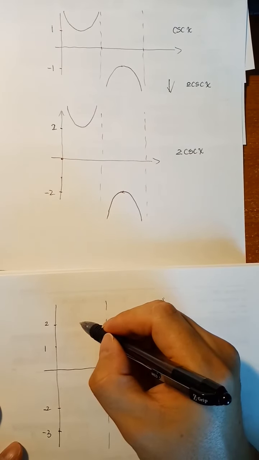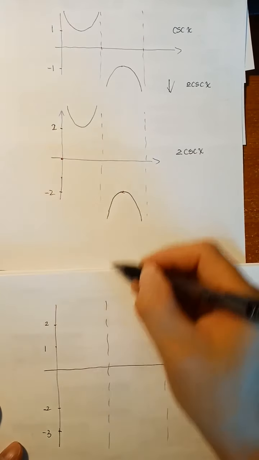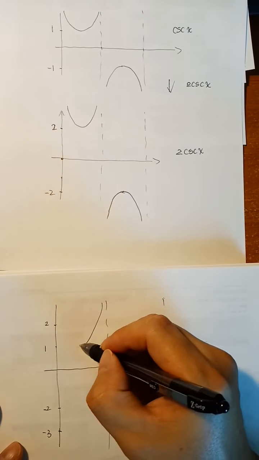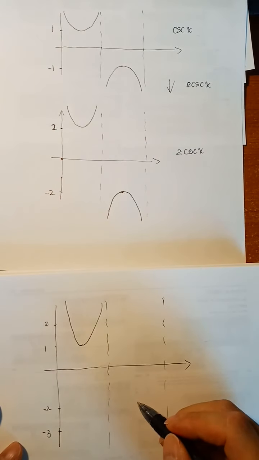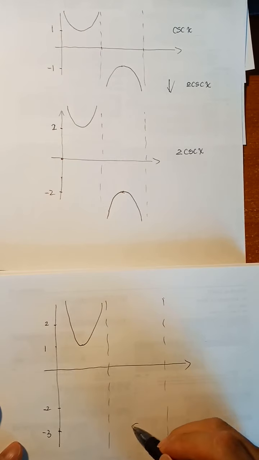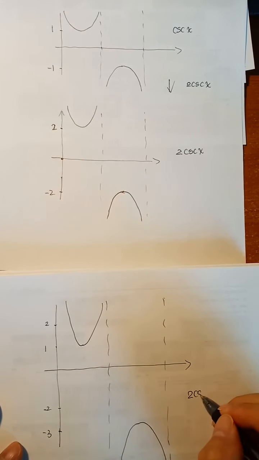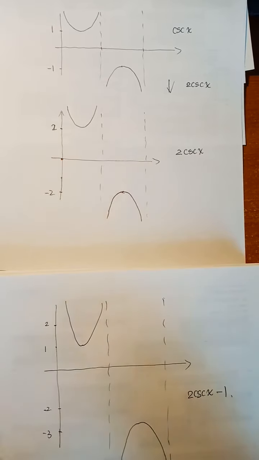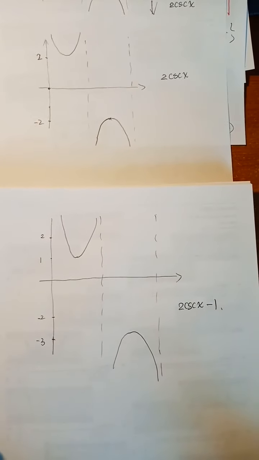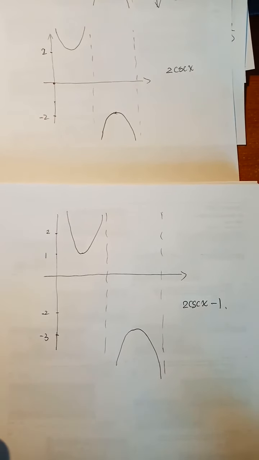Originally the graph is from 2 to infinity. Now it becomes from 1 to infinity. Here it was from negative 2. Now it becomes from negative 3. So this is 2 cosecant of x minus 1. Okay, so that's the final answer.